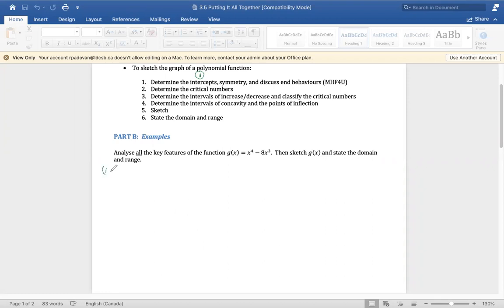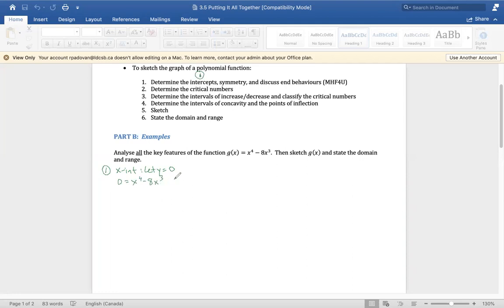So number 1, let's start with the x-intercept. This could have been from grade 9: for the x-intercept, let y equal 0 of our original function. Just put 0 in its place: 0 equals x to the power of 4 minus 8x cubed.